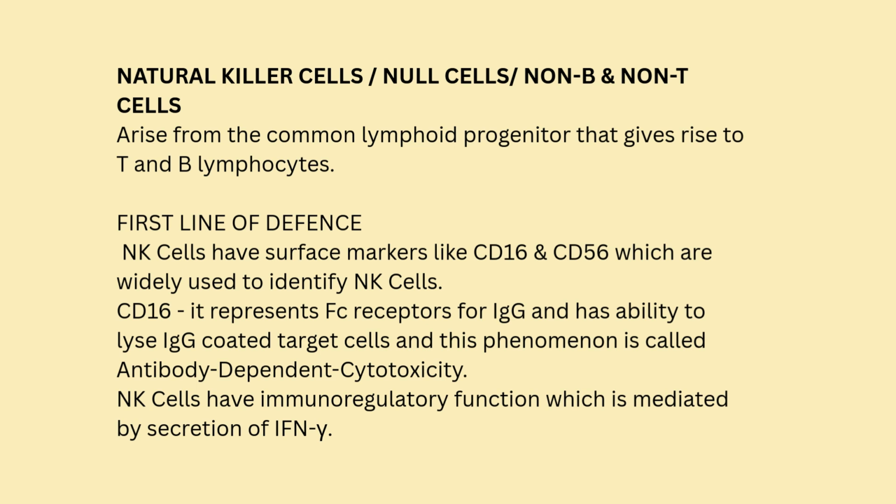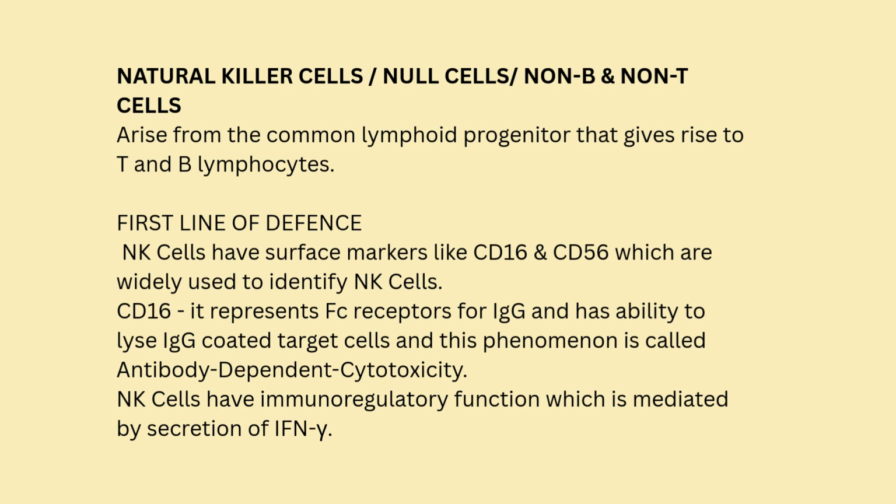Now let's talk about the natural killer cells, which form the first line of defense. They are also known as null cells or non-B and non-T cells. They arise from the common lymphoid progenitor that gives rise to T and B lymphocytes.